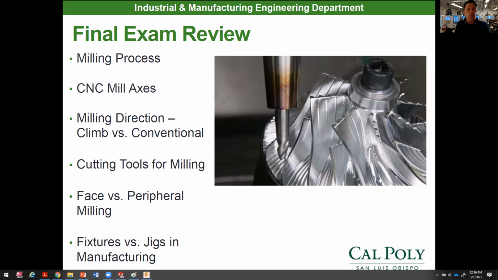The jig was a little bit different than a fixture because the jig actually guided the tool. It locates itself on the workpiece somehow and then guides the tool in the proper location to cut. So jigs guide tools where fixtures just locate workpieces in machine tools. I would know the difference between a jig and a fixture definitely for this exam.